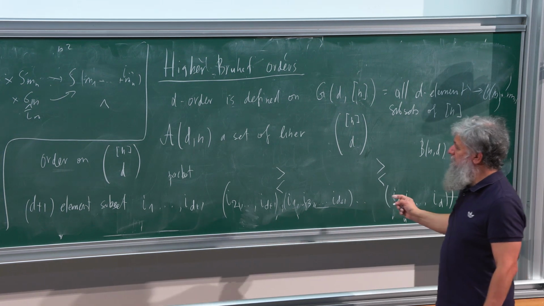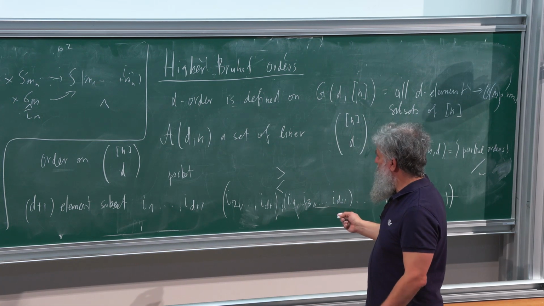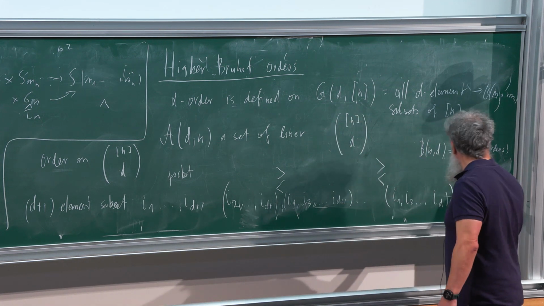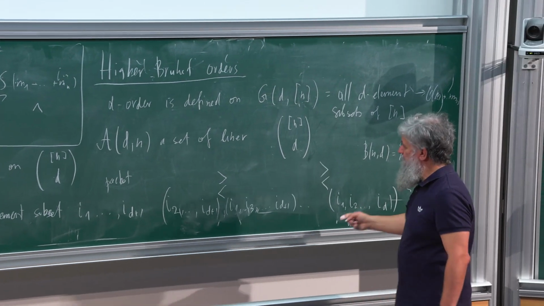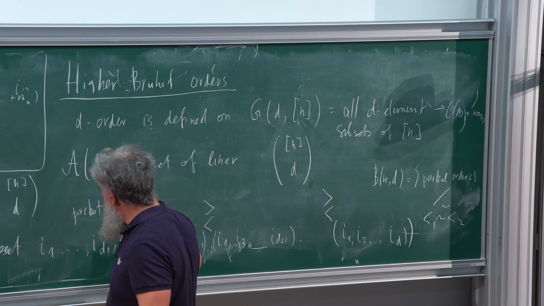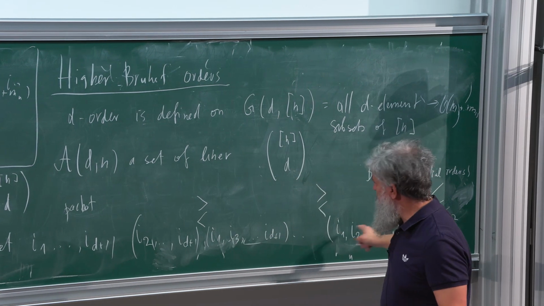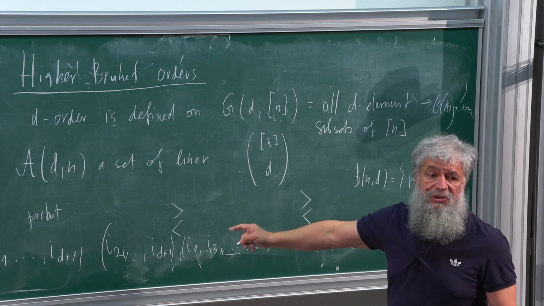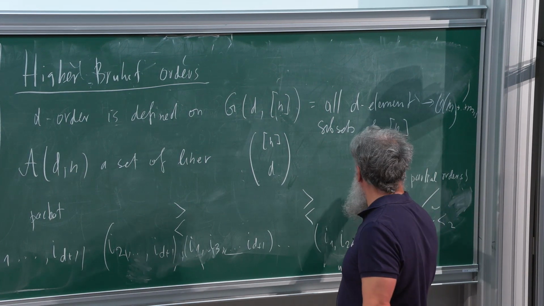Two linear orders sigma 1 and sigma 2 are equivalent if on any packet they have the same ordering of elements in the packet, either lexicographically or anti-lexicographically. And this set is called B n d.